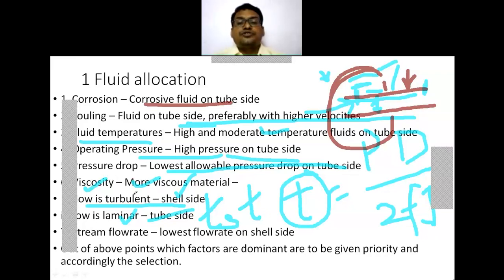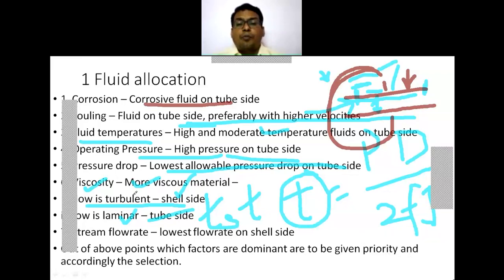The next is the stream flow rates. Hot stream as well as cold stream. So the lowest flow rate on the shell side, so that we will be able to manage the pressure drop.